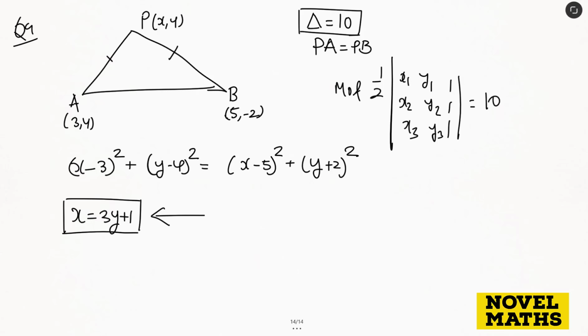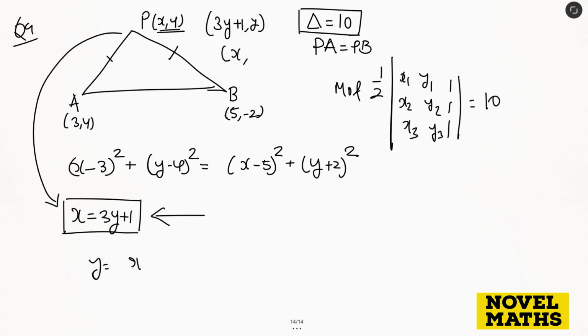Two coordinates are given. Third one we have x and y, right? How to replace that? Using this relation, right? You can use x or y, that's fine. You can use like this 3y plus 1 and y, or you can use x is this and y whatever, you will get x minus 1 over 3.